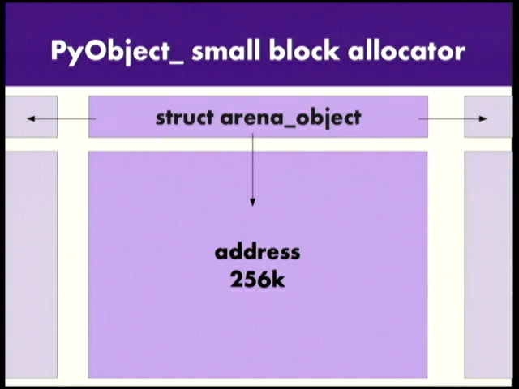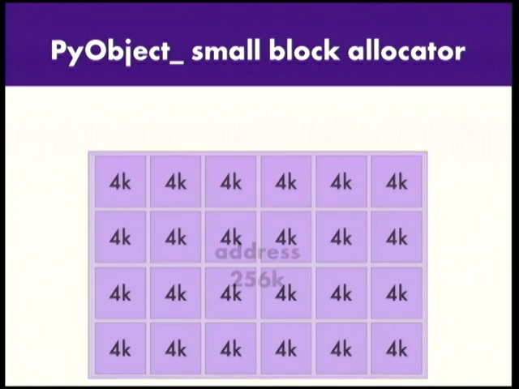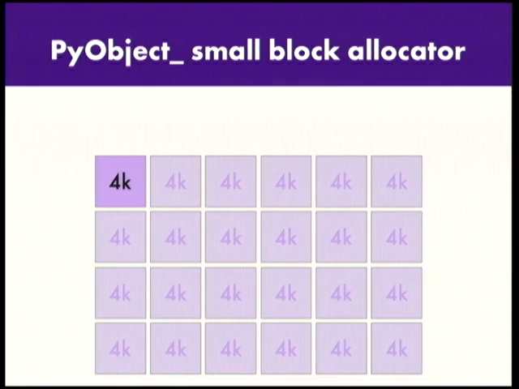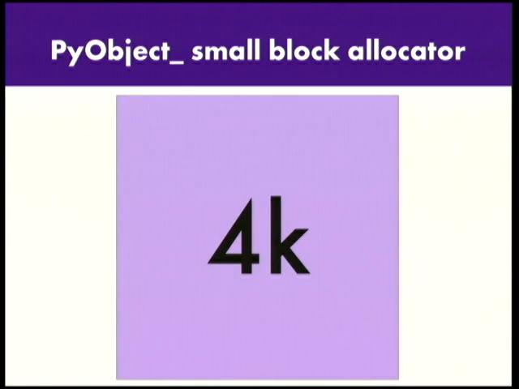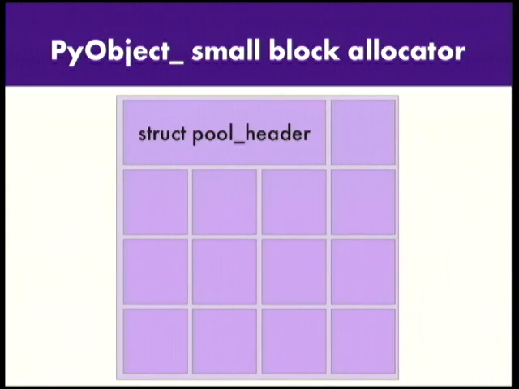Inside of the arena, we go forward. We hope our slides go forward. There we go. It's just a little slow. So inside of that we strip it into 4K blocks that are rounded to the 4K address. And what's interesting is what's inside of that 4K block, so we're going to zoom in on it. The very first thing in the 4K block is what's called a struct pool header. So this 4K block is now referred to as a pool.